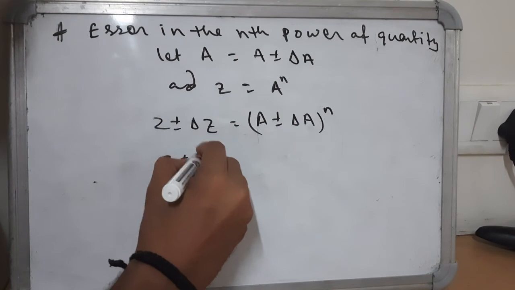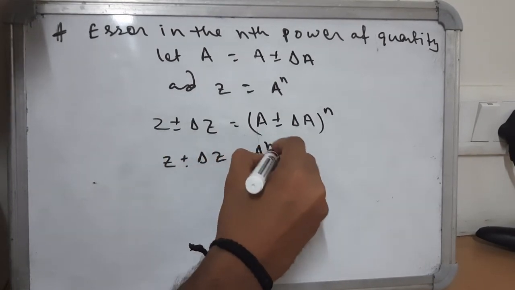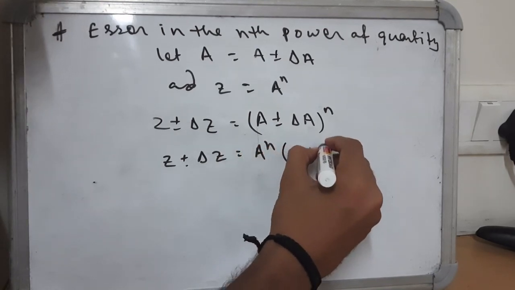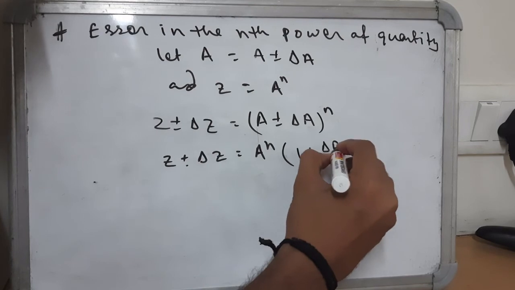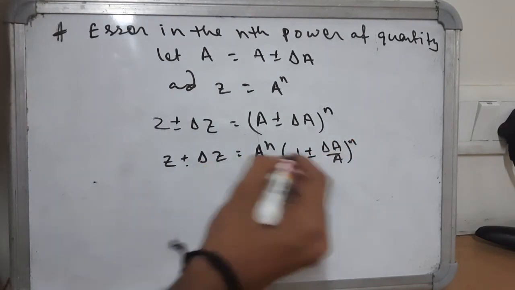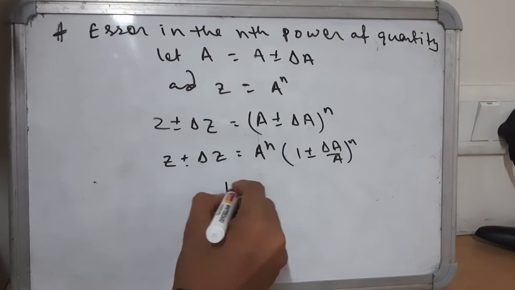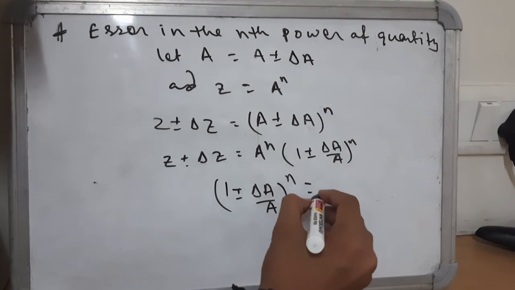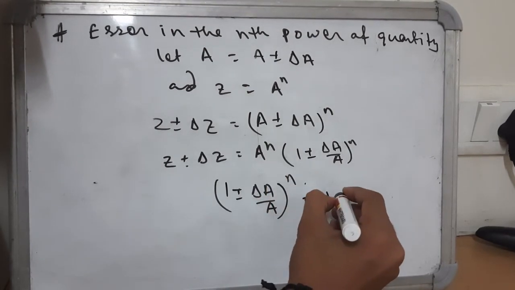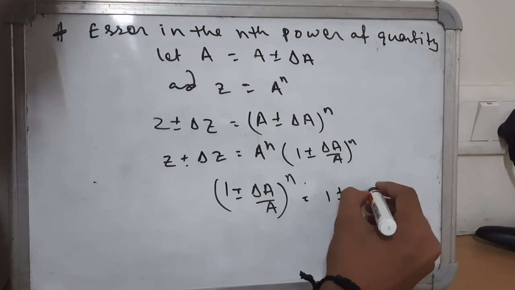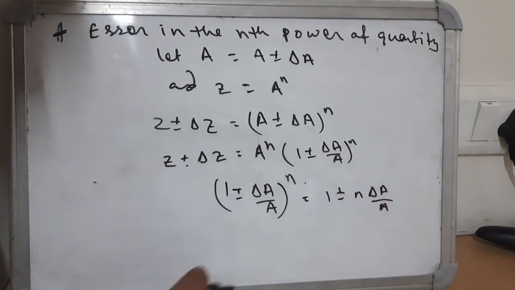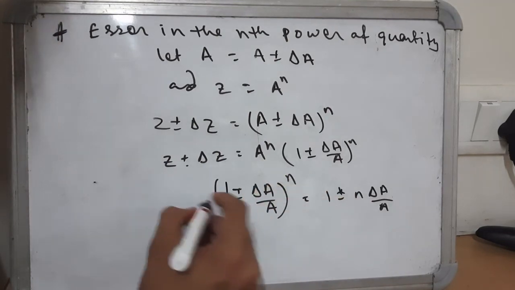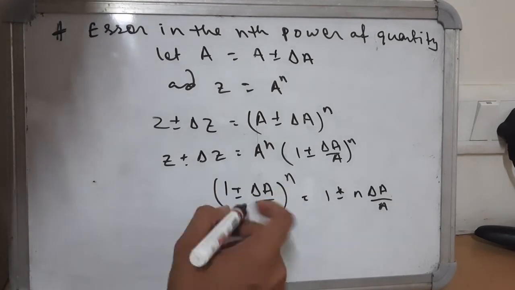Again, this Z plus minus delta Z will be equal to A to the power n. We can take A to the power n out of this expression and we are left with 1 plus minus delta A over A to the power n. And from binomial theorem, we know this 1 plus minus delta A upon A to the power n will be equal to 1 plus minus n times delta A over A, as this delta A upon A is much less than 1, and by using binomial theorem we can write it like this.